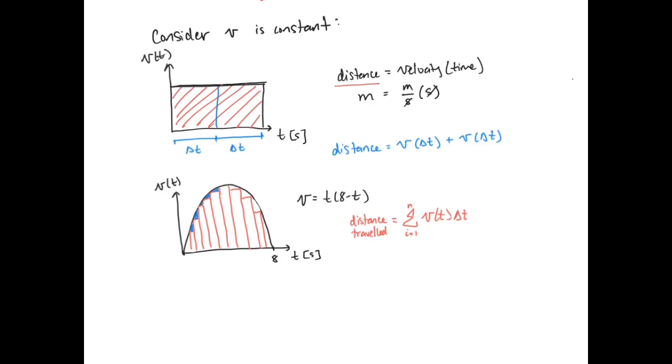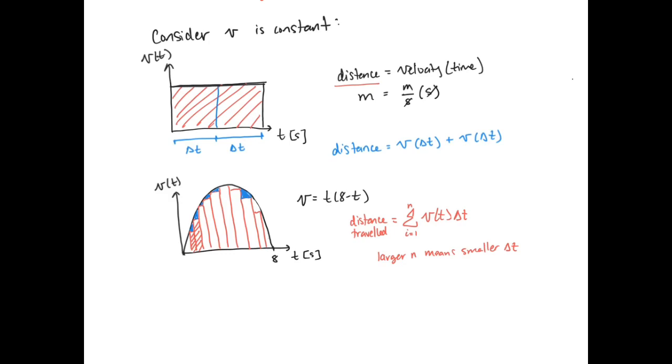So the larger the n value means smaller delta t. The larger n gets, the smaller these rectangles get. And the smaller those rectangles get, the smaller these triangles that represent our error get.